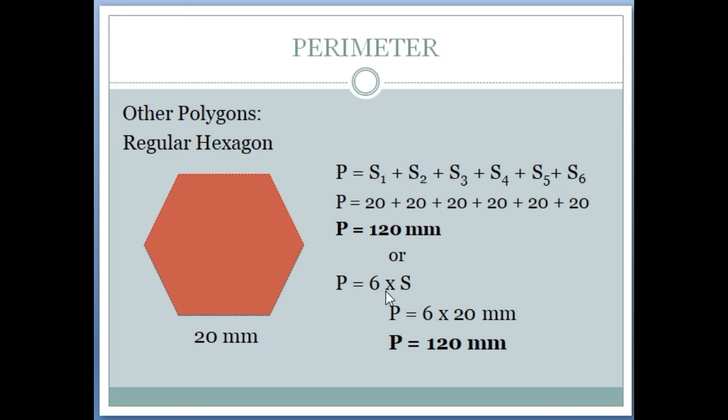So 6 times S, kagaya ng ginagawa nyo sa square, papalitan nyo lang yung S ng measurement ng side, which is 20. Then multiply it, 20 times 6 is 120 mm. So as you can see, kahit anong formula yung gagamitin ninyo, mag-arrive pa rin kayo sa same answer.